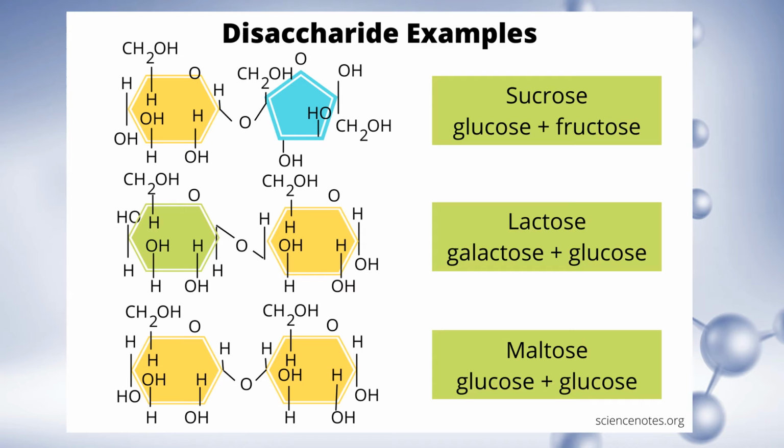It is only produced in the body when lactose is broken down in the body. This galactose is then formed and it is used by the brain. It is the only energy source that the brain uses. Then maltose is a combination of glucose and glucose.